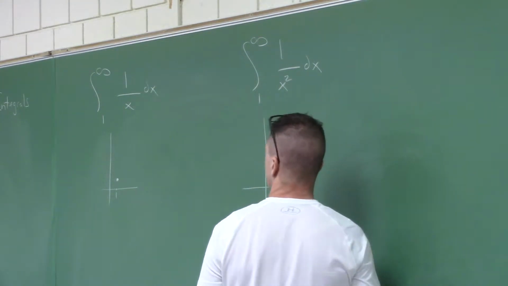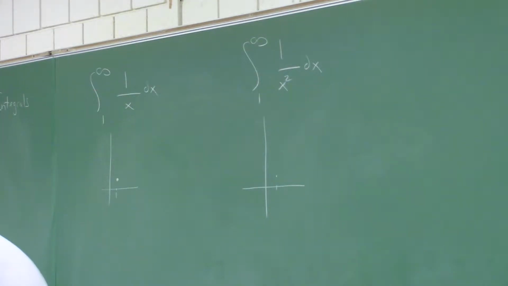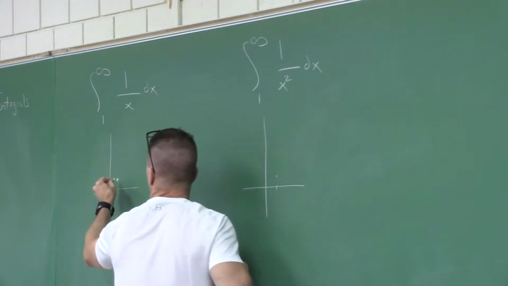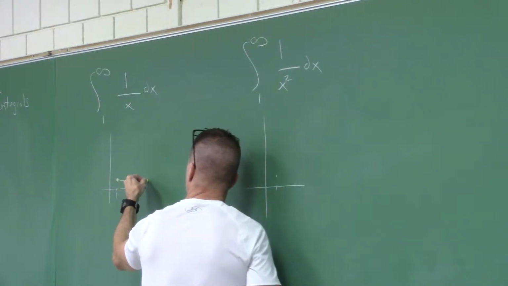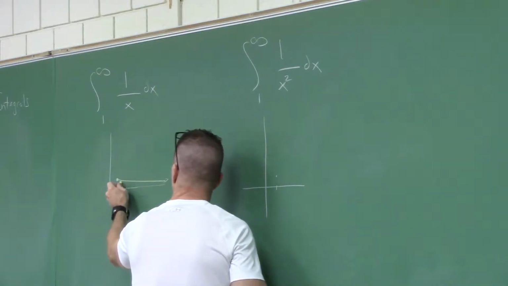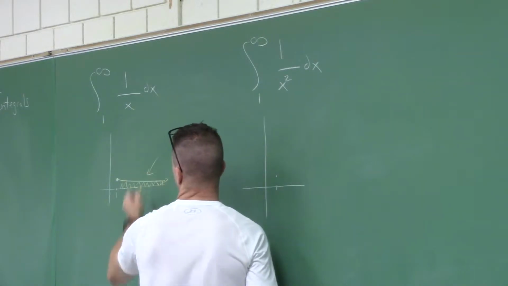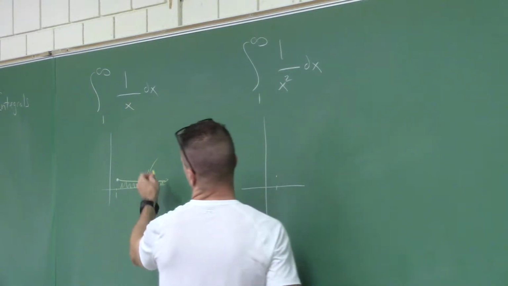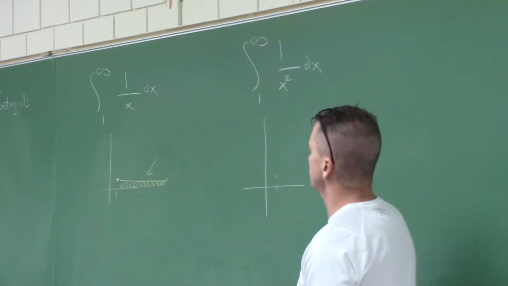At x equal to 1, these graphs will find the area from 1 towards what? Infinity, like this. It'll just keep going forever. When we're trying to determine that area, is it finite or is it infinite? Is that infinite or is that finite?